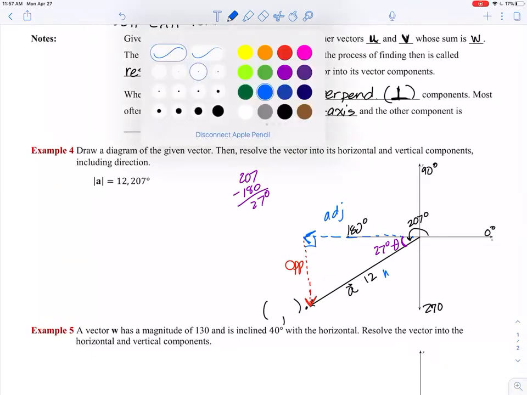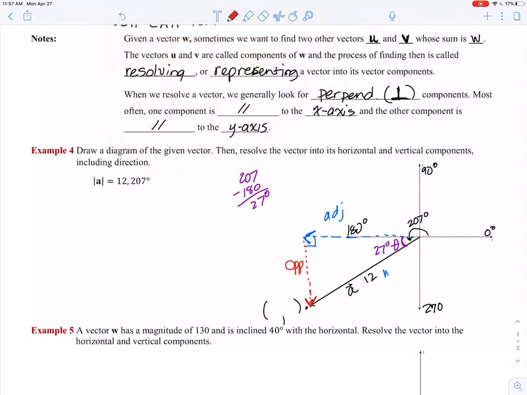So I'm going to get my red pen here. So I'm going to look for the vertical component. Okay, to do that, I'm going to say, all right, so the sine of 27 degrees is equal to my y component, whatever it is, over my hypotenuse, 12.